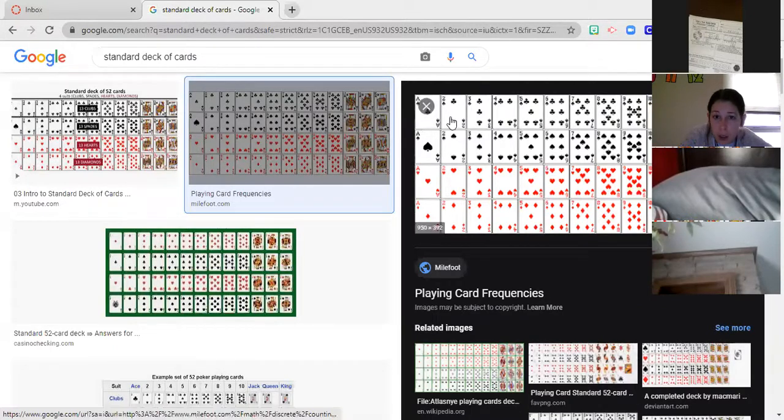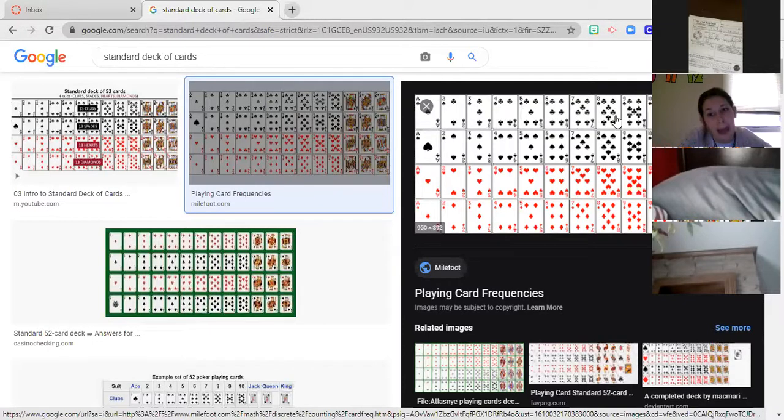So 1, 2, 3, 4, 5, 6, 7, 8, 9, 10, 11, 12, 13. 13 cards. There's ace, 2, 3, and so on. So the probability that you would get a club is 13 out of 52. But I'm not going to write that because remember, we need to add them together. So 13 for getting the club.